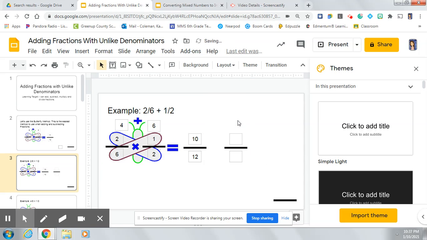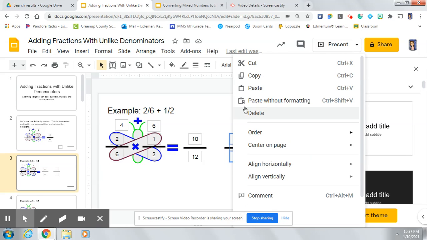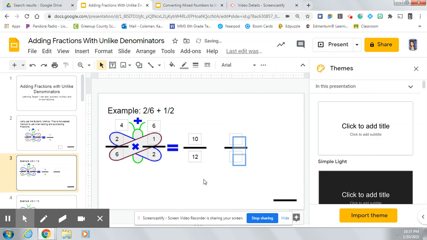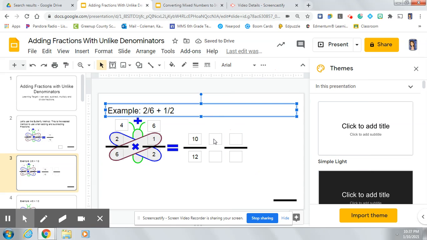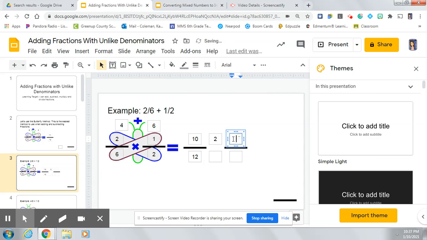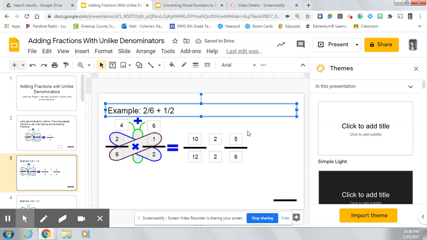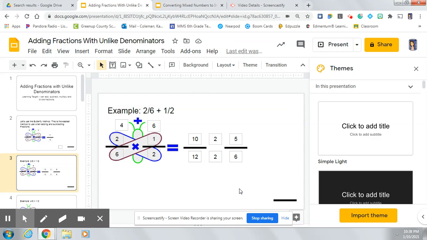So the easiest thing that I can divide them by is 2. So I'm going to divide them both by 2. 10 divided by 2 is going to be 5. 12 divided by 2 is going to be 6. 5/6 is going to be the simplified answer because there's nothing else that I can divide both 5 and 6 by other than 1.